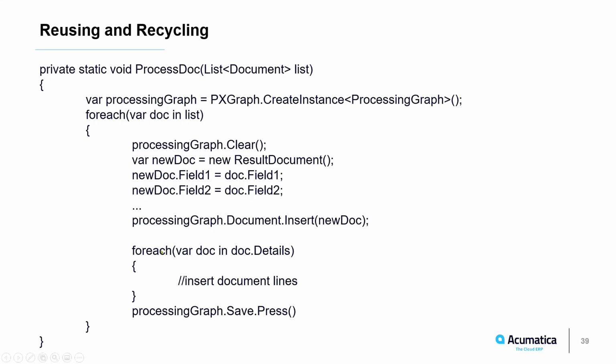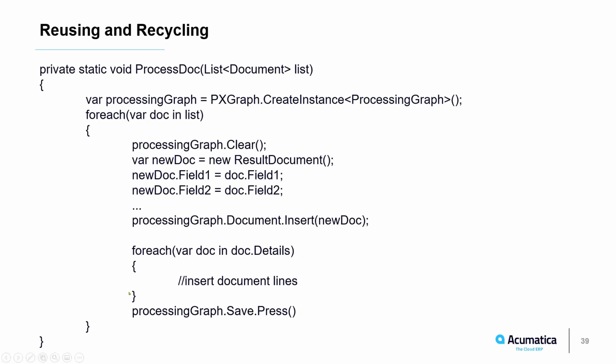Actually, if you have a lot of document lines, let's say dozens of thousands of lines, what can go wrong is that the graph caches may be filled with those lines, so it consumes a lot of memory. It takes a lot of time to iterate through all those cached documents if something needs to be recalculated. So you may end up consuming a lot more memory and a lot more time than you would expect.